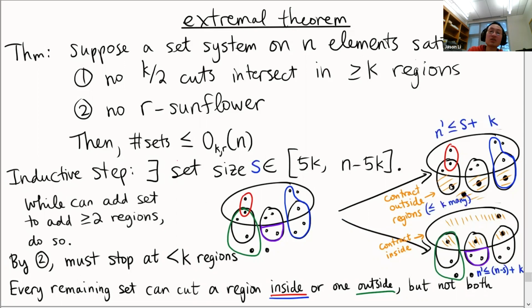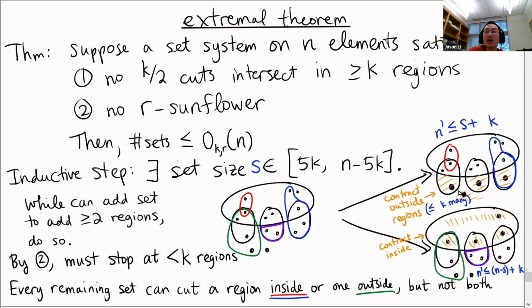So now, once we do contraction, we ask how many vertices, how many elements does each set system have? Suppose the initial black set that we chose has size S. Then in the top here, we've kept all the elements inside, of which there are S, and the stuff we contracted outside. Now, by assumption, we've stopped at most K regions.